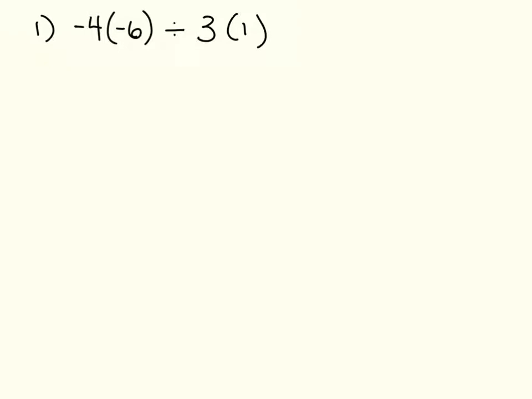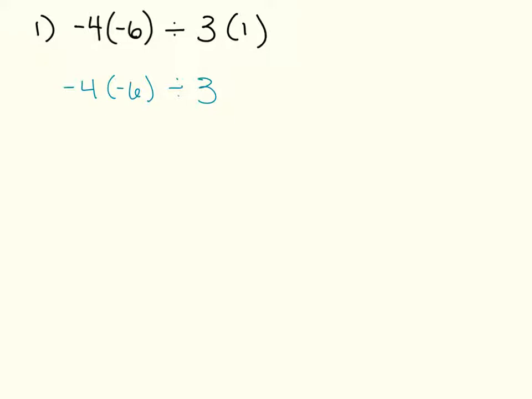So let's go ahead and rewrite everything, but let's leave the 1 out because technically 1 times anything in here will stay the same. If we take 3 times 1, it'll be 3. If we take negative 6 times 1, it'll be negative 6, okay, and so forth.